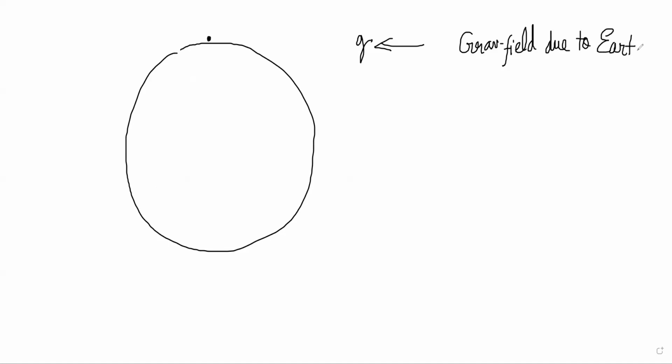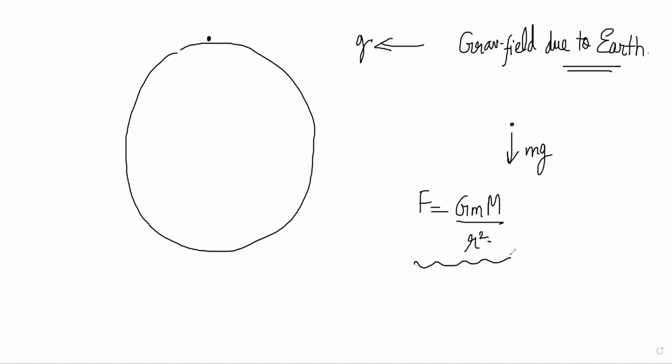Why? Because the way we have used G so far, we say force on a mass is mg. So actually force was equal to G small m capital M by R square. If we are writing it as mg, we are sort of saying that it is m times some E, so E should take the place of the g.